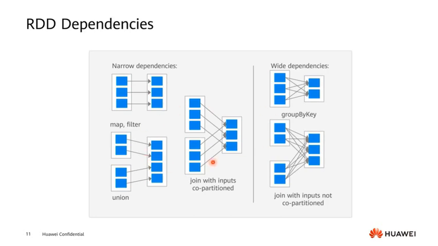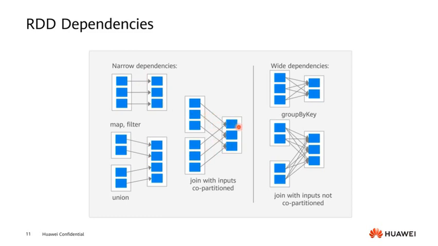There are a series of dependencies between RDDs, which are divided into narrow dependencies and wide dependencies. The left side of the graph represents the narrow dependency, while the right side represents the wide dependency. Narrow dependencies mean that each partition of the parent RDD is used by at most one partition of the child RDD, one-to-one or many-to-one.